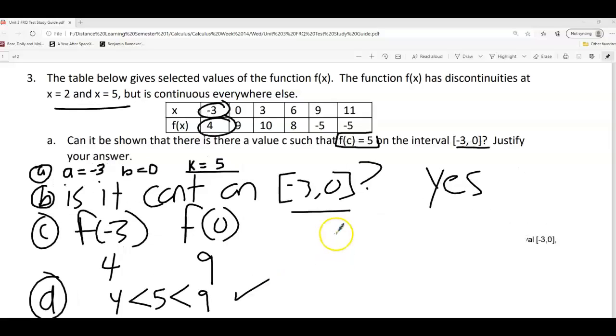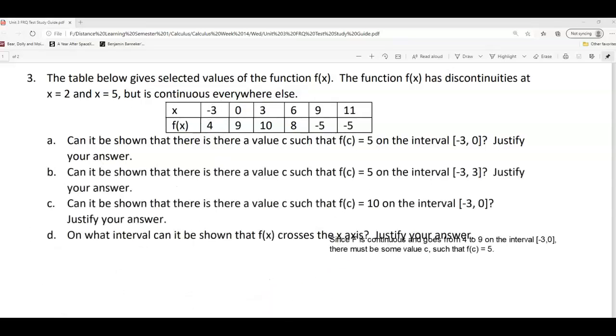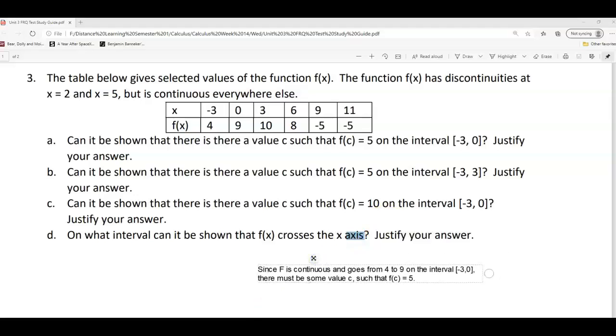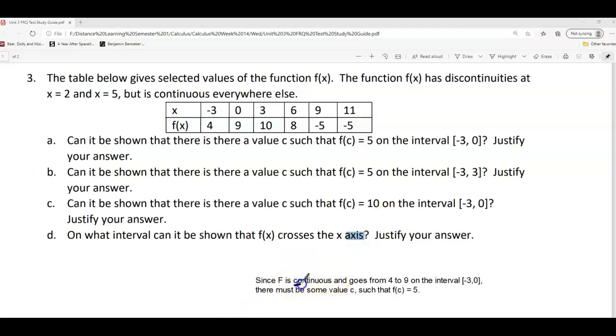Now, whenever I was grading your quizzes, some of you worded it a little bit differently, which I don't mind, but what isn't going to work is if you don't state everything that needs to be stated. You do need to state that the function's continuous.